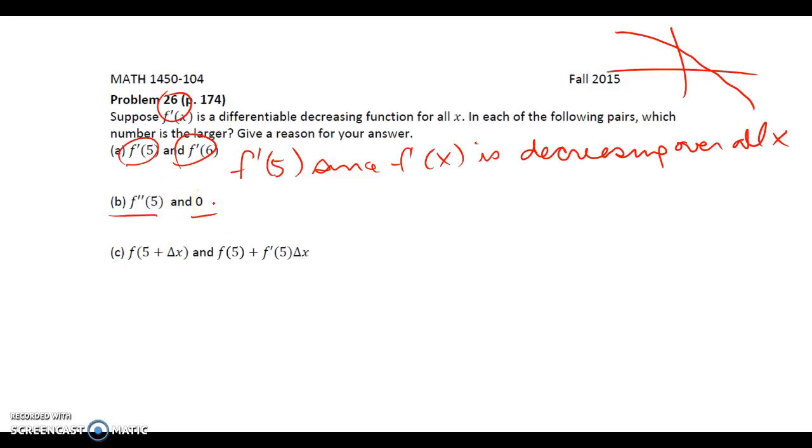Now, if f prime itself was a line, I'm not sure if the derivative would be concave down or not. But if it's concave down, we would get something. We have 5 and we have 0.